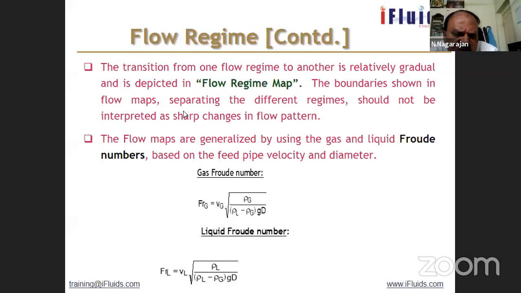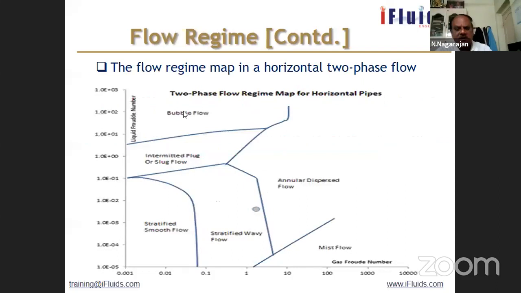You calculate the gas Froude number, which is the velocity of gas multiplied by the square root of density of gas divided by (density of liquid minus density of gas) times gravitational constant and diameter. Similarly for liquid, you can calculate the liquid Froude number with V liquid, the same formula, with rho L instead of rho G, here rho L minus rho G, gravitational constant and D. So there is a chart, a Froude number chart.